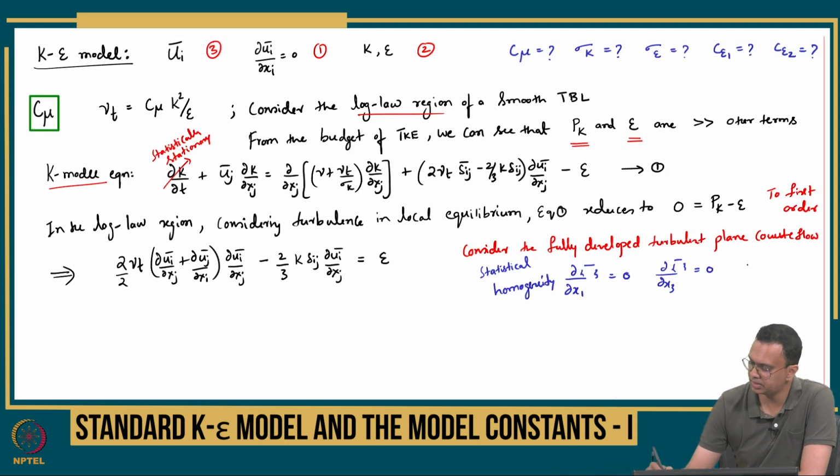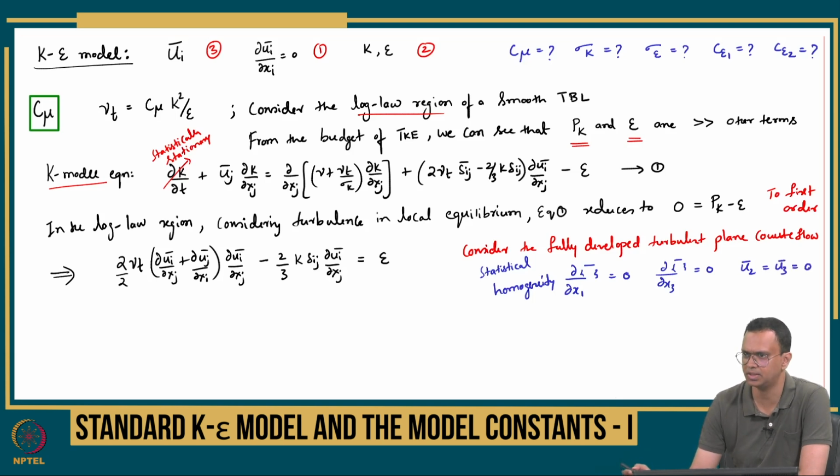And when it is fully developed, we also know from data that these two velocity components are 0. This we have already seen and discussed. So I am going to use these considerations in this particular reduced form of the modeled K equation.